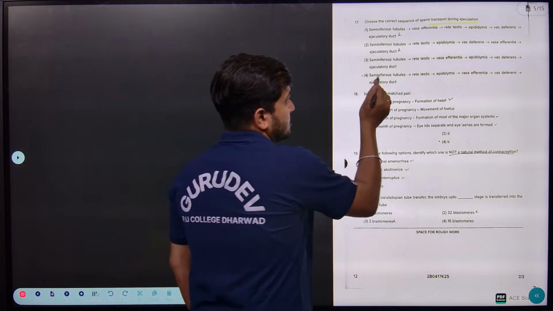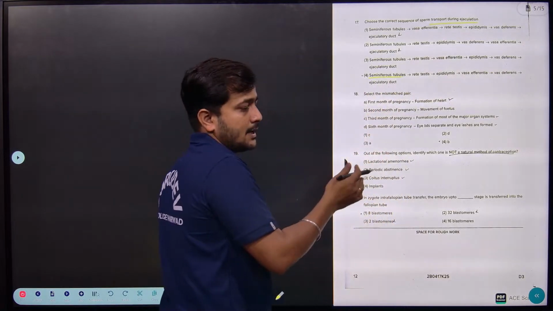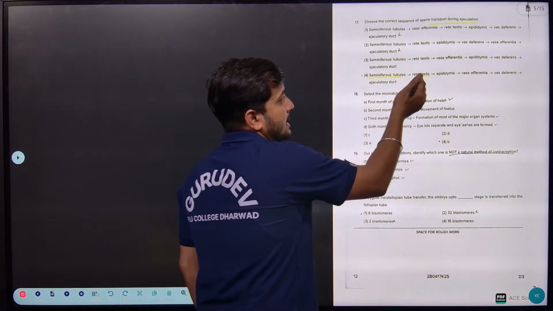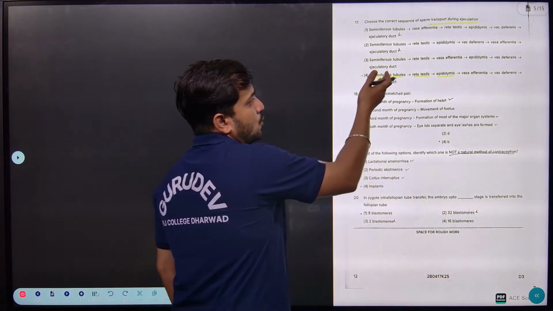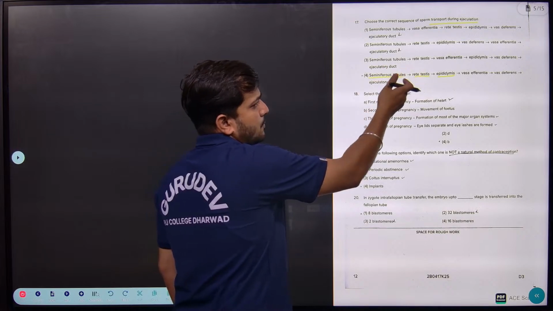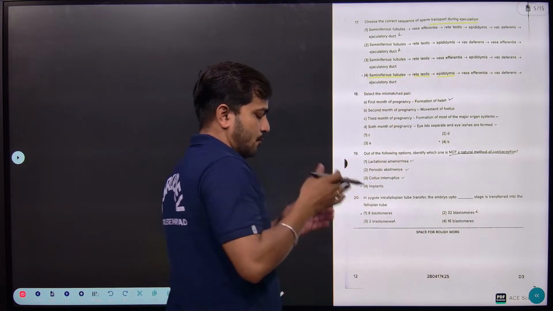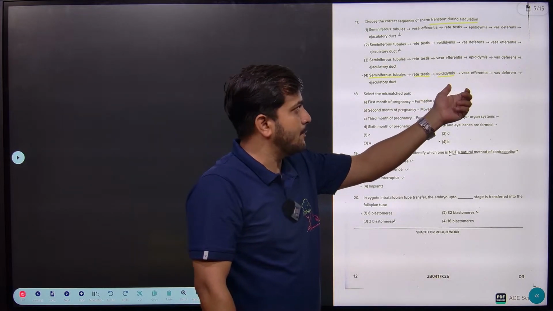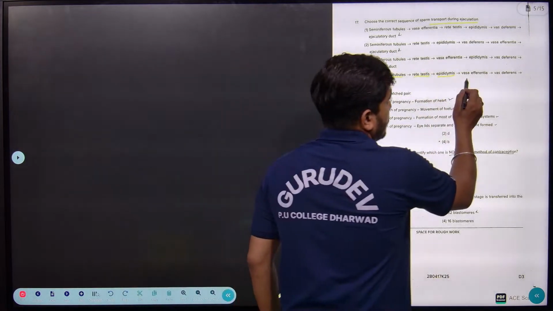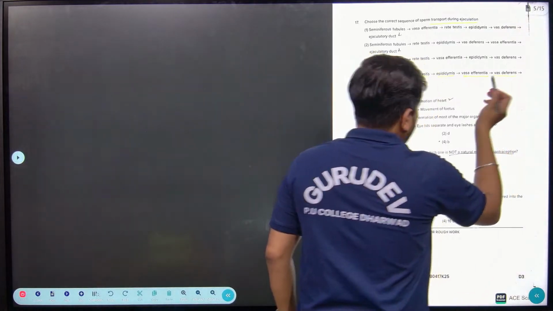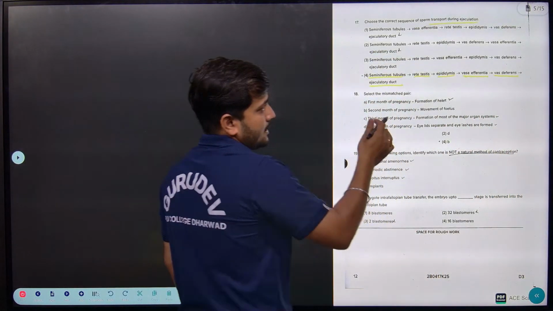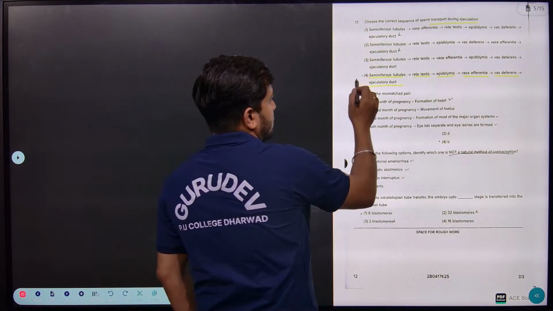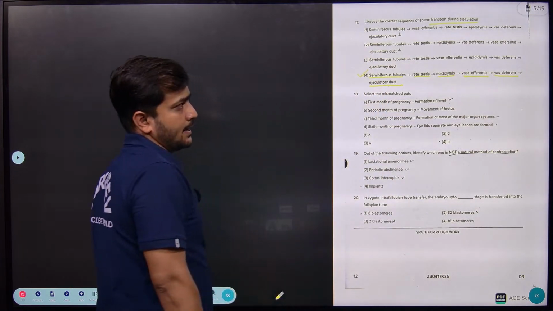The male reproductive structure has seminiferous tubules, then the rete testis, and then the epididymis. So the sperm moves from the seminiferous tubules through the rete testis, reaches the epididymis, then the vasa efferentia, then the vasa deferens, and then the ejaculatory duct, and from there ejaculation can occur. So according to the 17th question, option 4 is correct, right?